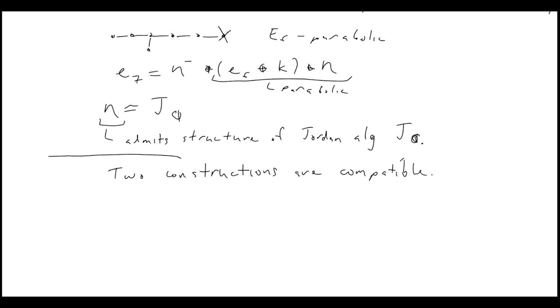The first is that up to conjugacy, the map of SL2 plus F4 into E7 is unique. Here I'm working over the algebraic closure.